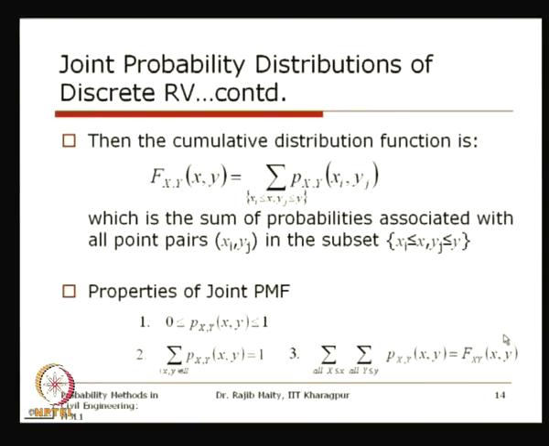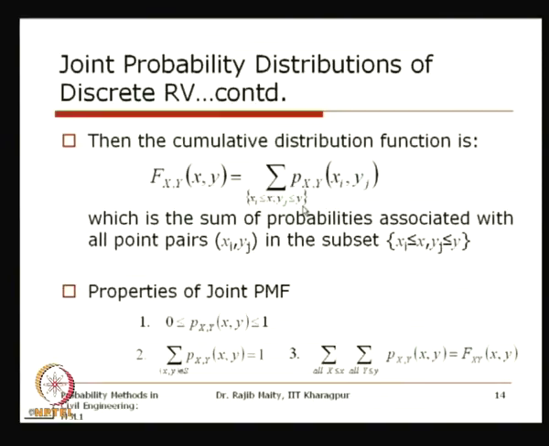Now, for this discrete case, when we are considering the cumulative distribution function, it is the summation of all such probabilities for xi, yi, where xi is less than or equal to some specific value x and yi is less than or equal to some specific value y.